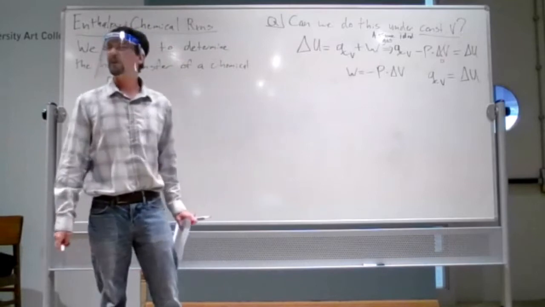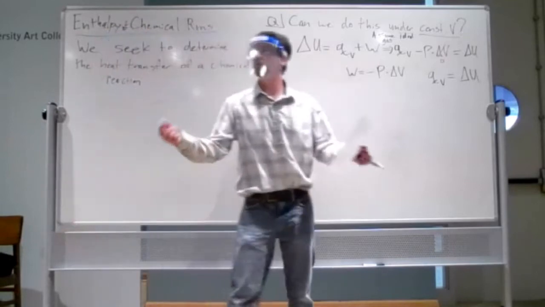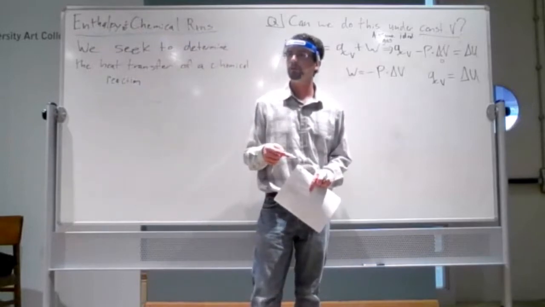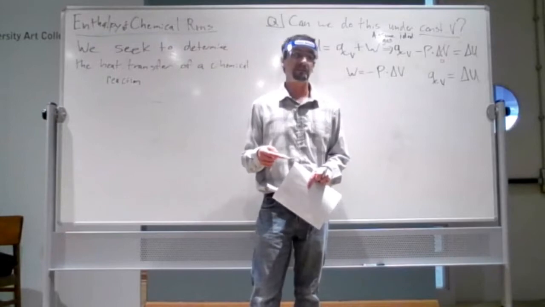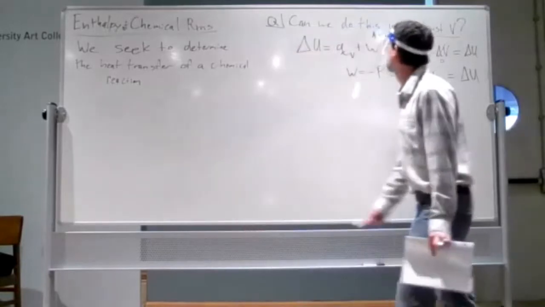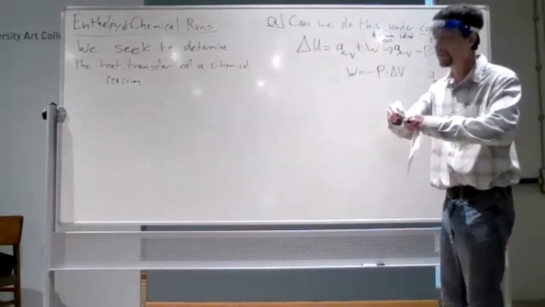We have constant volume. How frequently, in the lab, do we keep a constant volume situation? Have we ever? No, we haven't. So this is awesome, but it's useless essentially. It's not very helpful.